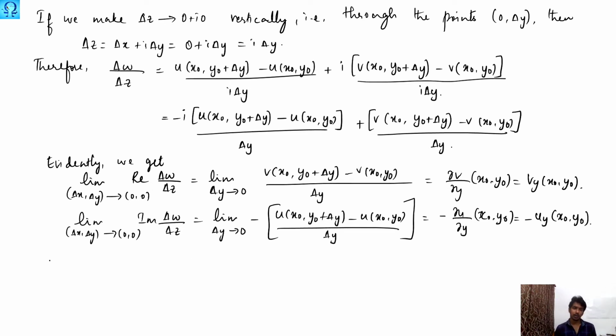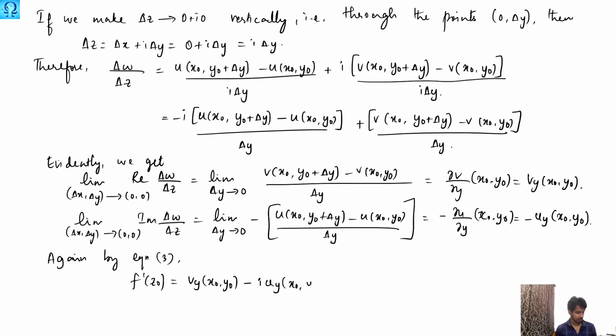So again, by equation 3 we write f prime evaluated at z naught as vy(x naught, y naught) minus iota times uy(x naught, y naught).